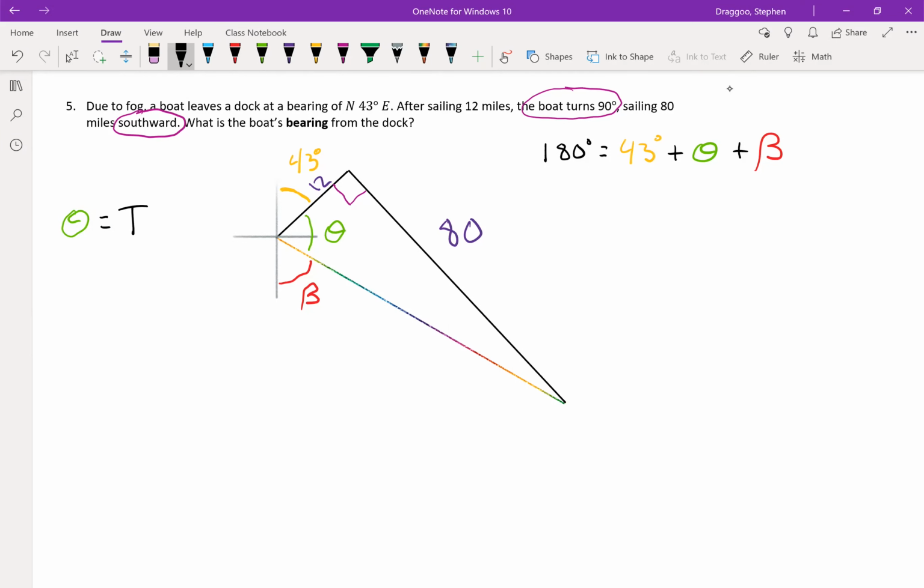So theta should be the inverse tangent of 80 divided by 12. And so we'll pop that into a calculator again. And when I did that, I got 81.5 degrees.